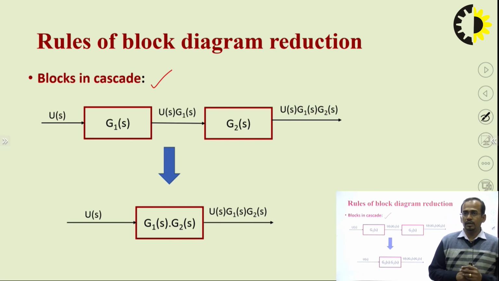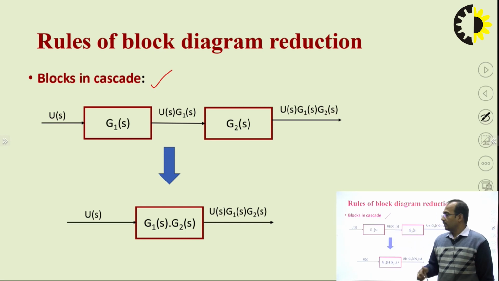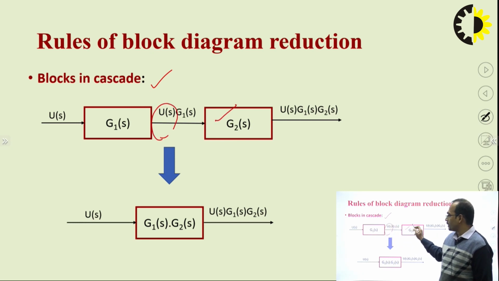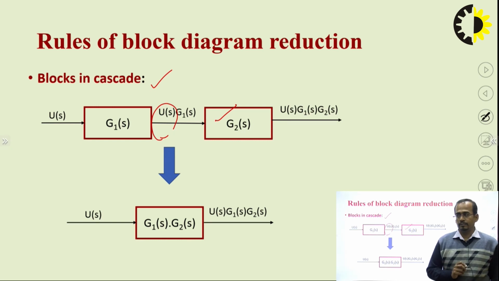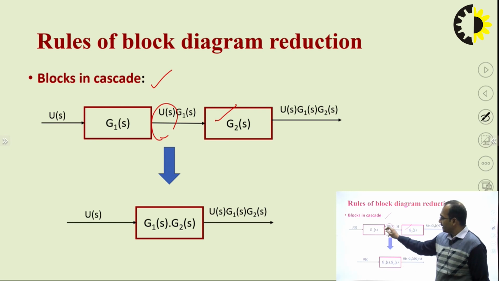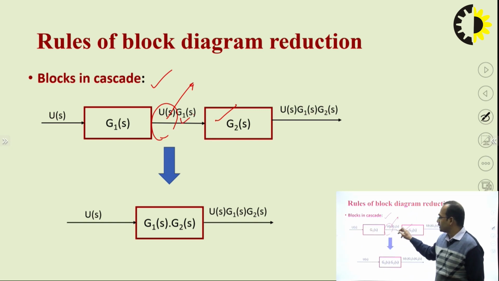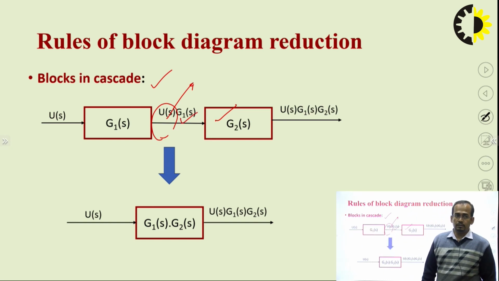Series or cascade means the output of the first system is connected to the second system, the output of the first system is working as input for the second system. If I find the output of system 1, the input is U(s), and the output is U(s) into G1(s).